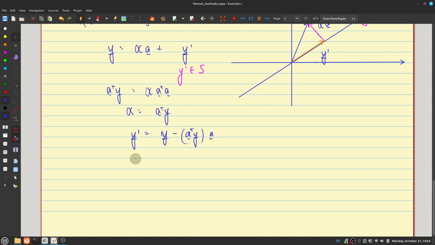The projection matrix P into the subspace S is I minus A A transpose.